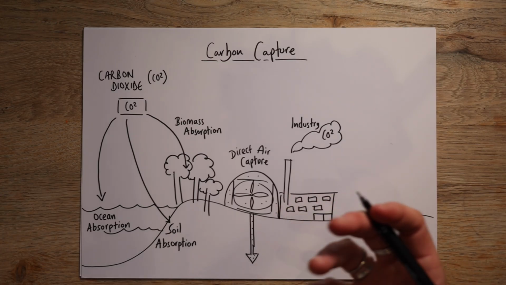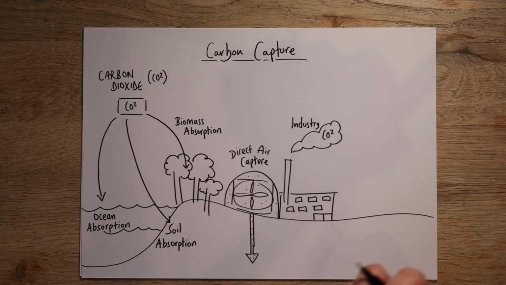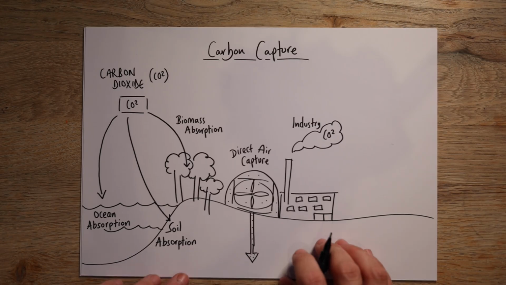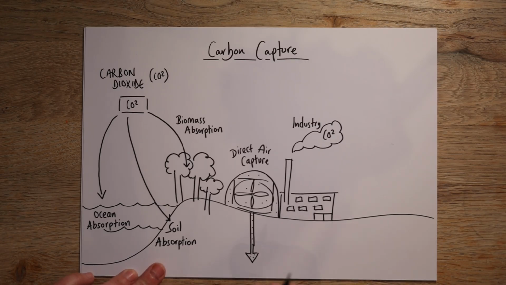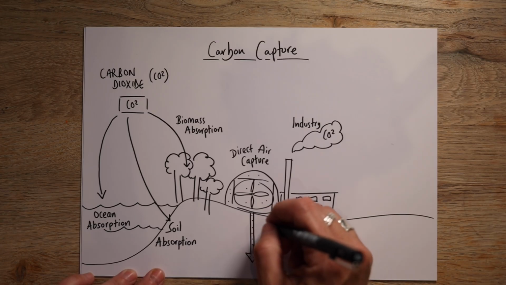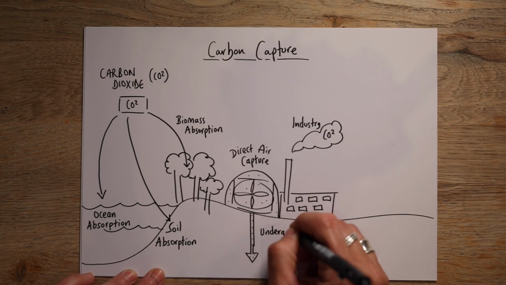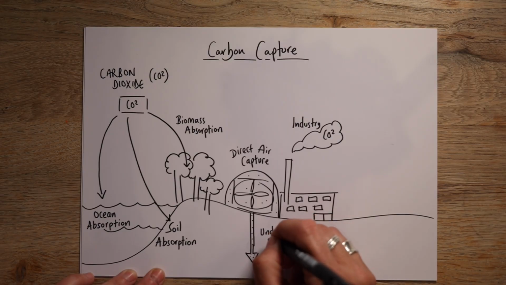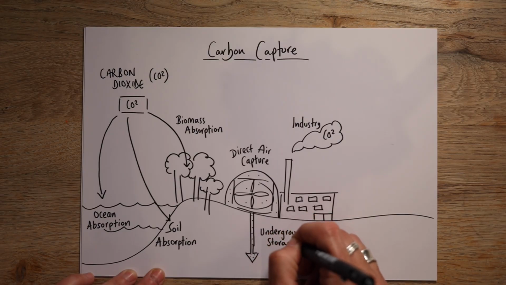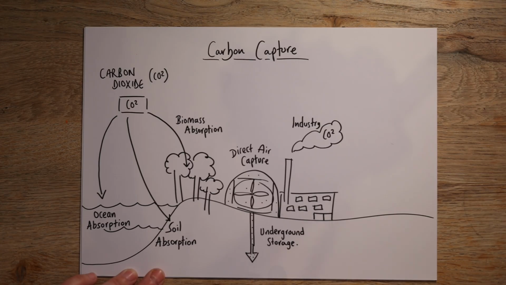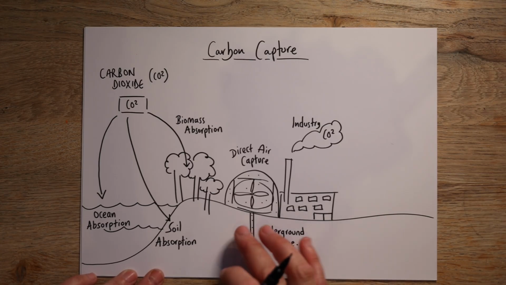It becomes like rock, so it solidifies, it calcifies actually is the proper term, and it'll attach itself to rock. So if we call that underground storage, and this is a really good thing. There is one negative, which is it could leak, and there could be spills of the gas.